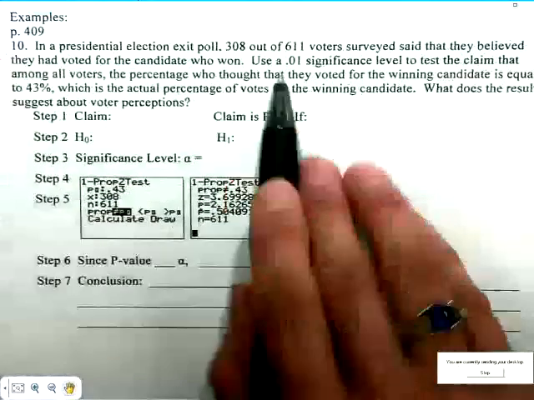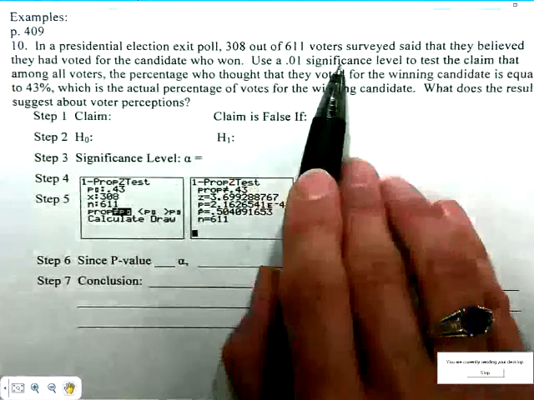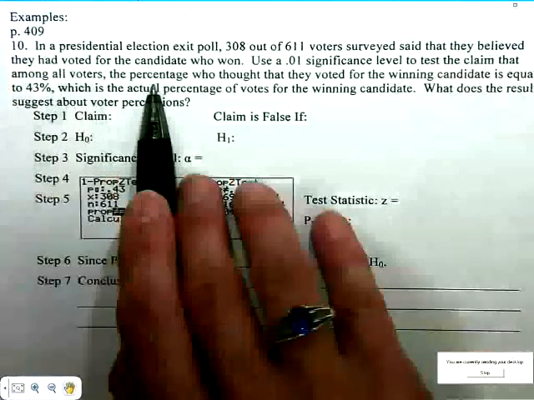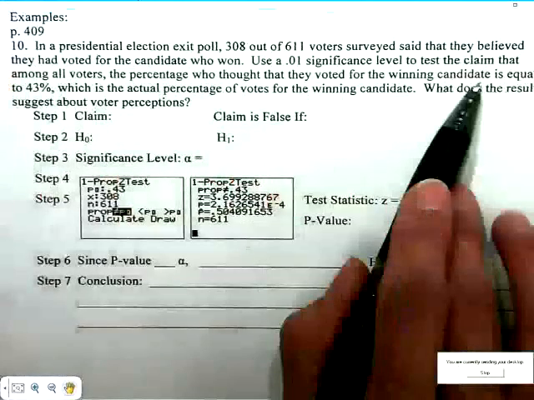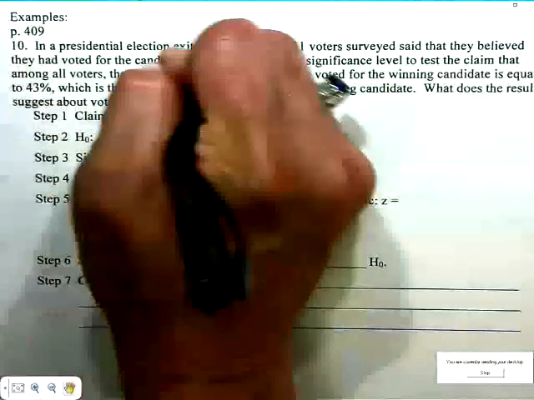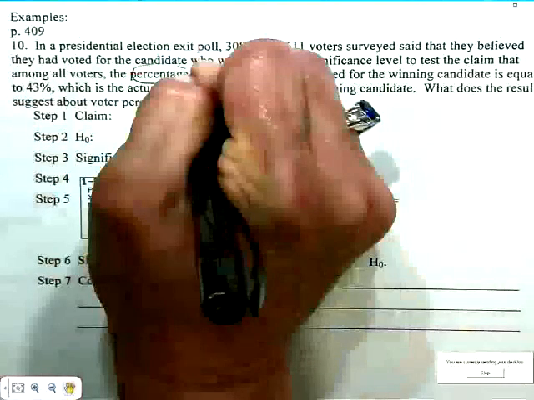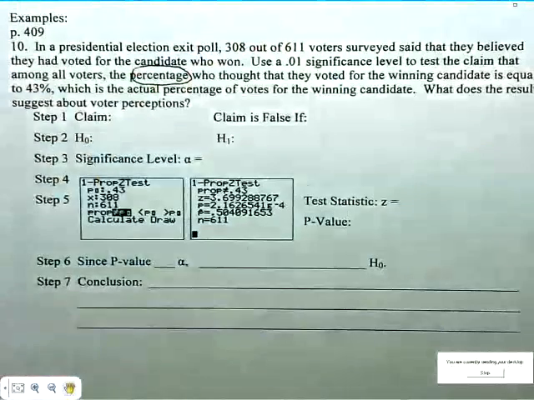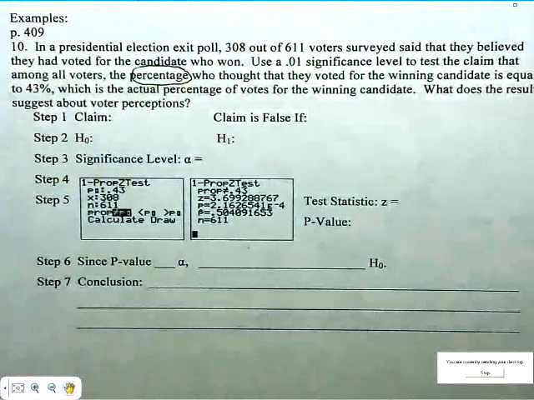Use a 0.01 significance level to test the claim that among all voters, the percentage who thought that they voted for the winning candidate is equal to 43%. Now, this word percentage here is what tells me to use a proportion test, not a z-test or a t-test, what we're going to be talking about Tuesday.